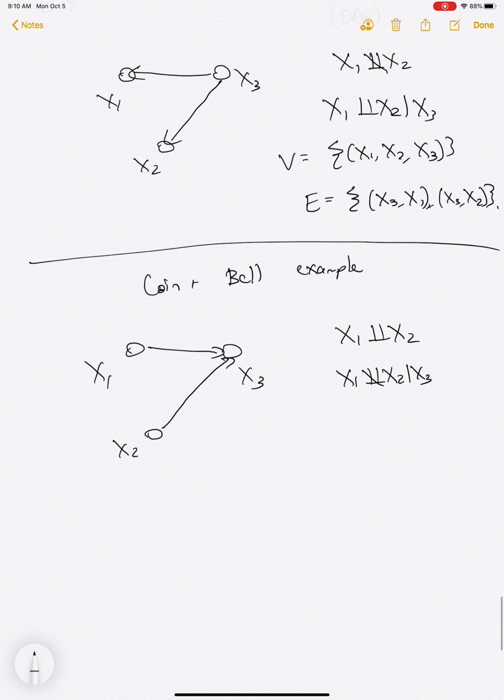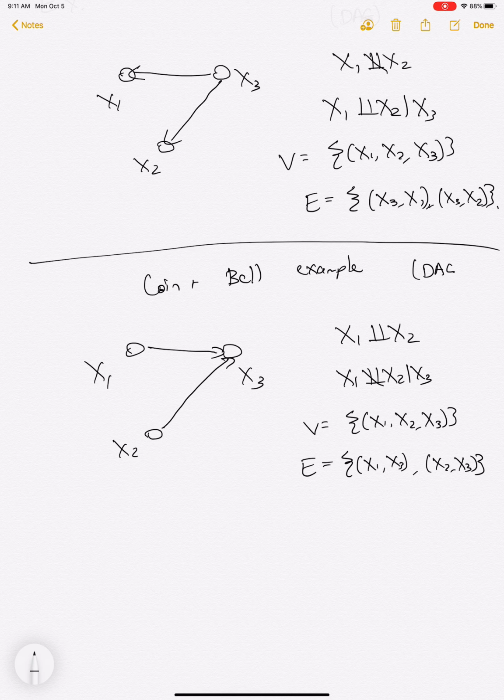And our set V here was x1, x2, x3 again, and E is x1, x3, and then x2, x3. Because the arrows are pointing the other way, the edges are the same but they're pointing in the reverse direction. Because of that, that gives you different conditional independence structures.